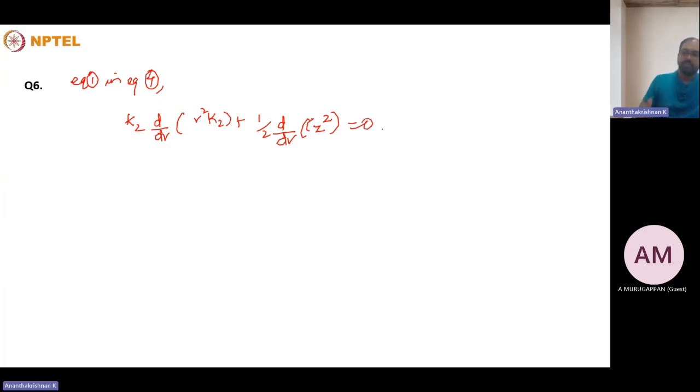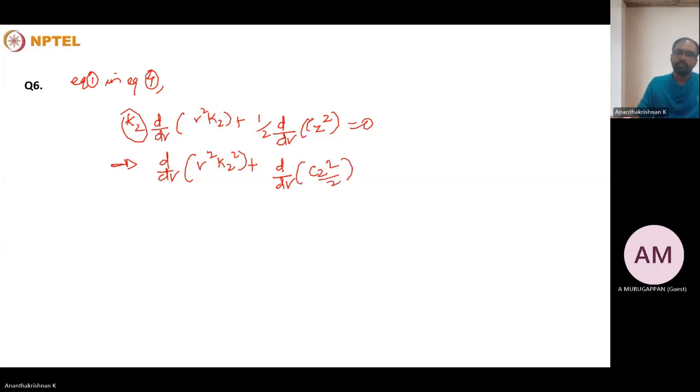Now we perform a bit of simplification. Since K2 is a constant, we can take it inside. So it will be K2 squared r squared, and this half also we can take inside the differential.